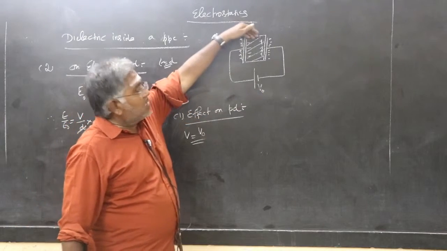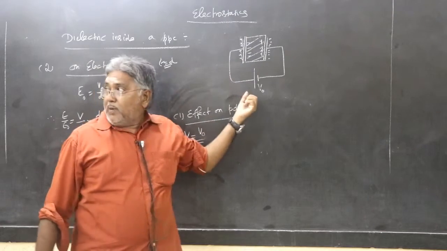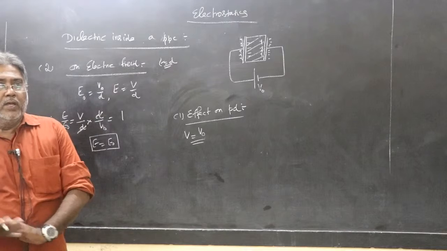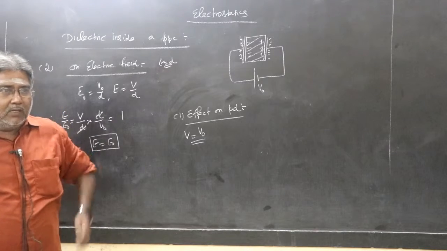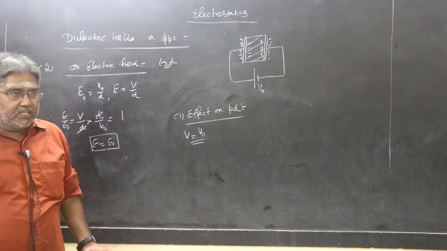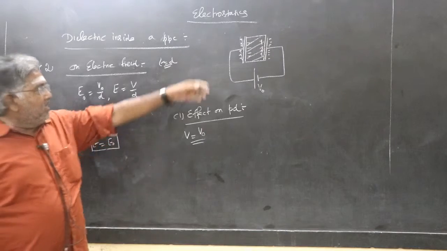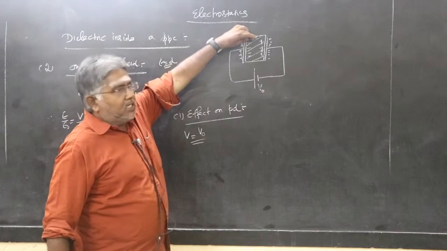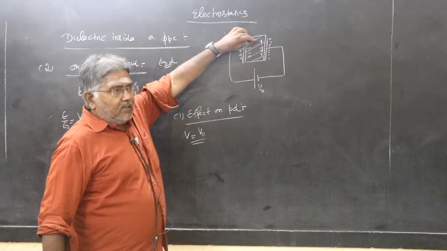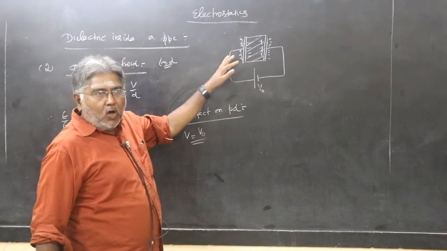So as you insert, there is a possibility of more charges. Here we expect the electric field should decrease, but it is not decreasing. So what is happening, as you start introducing the dielectric, there may be more charges drawn from the battery.